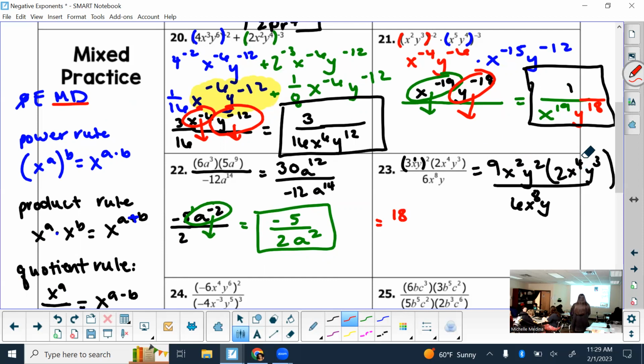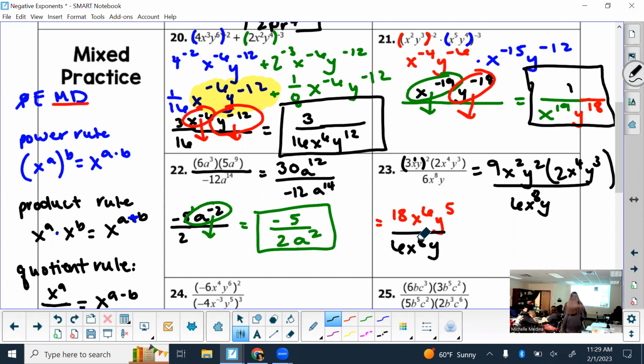X squared times x to the 4th gives me x to the, as a class. 6 is correct, whoever whispered that. So you add them when you're multiplying the bases, so 2 plus 4 is 6. And then class, it'll be y to the 5th, good.